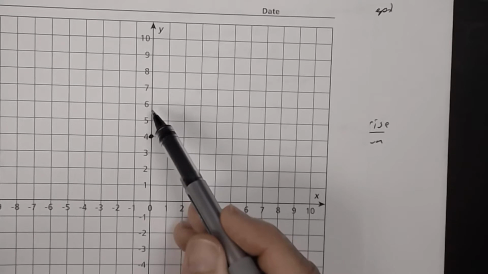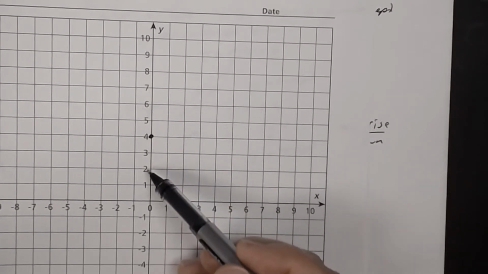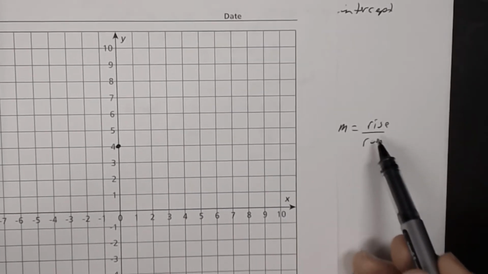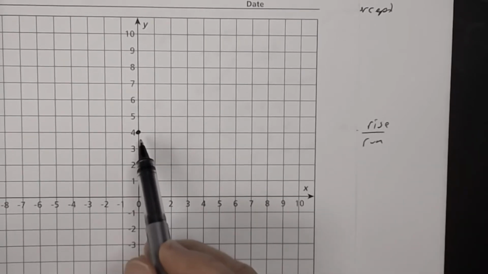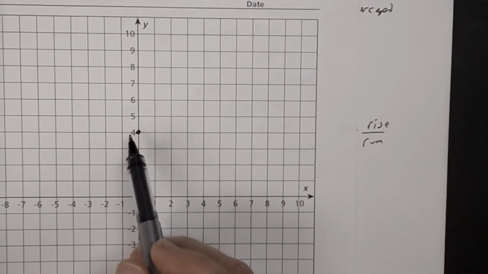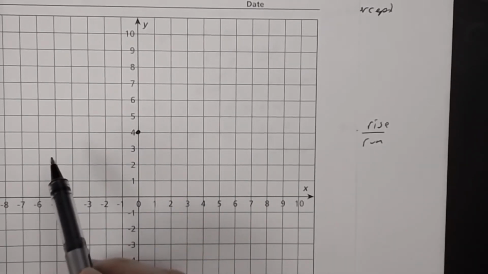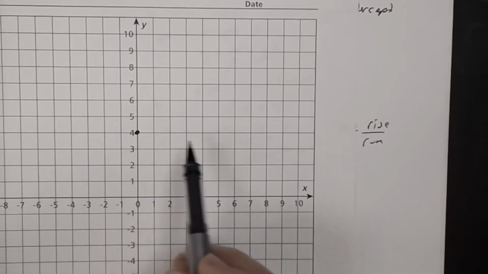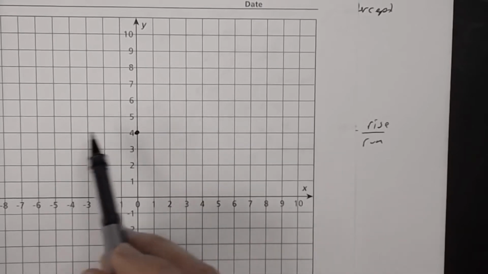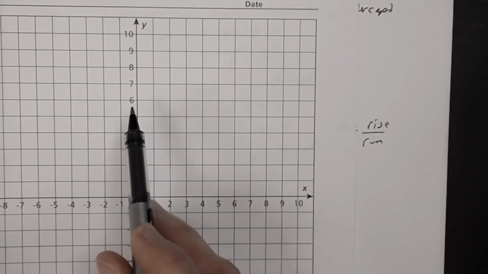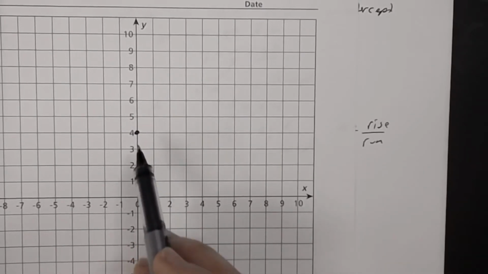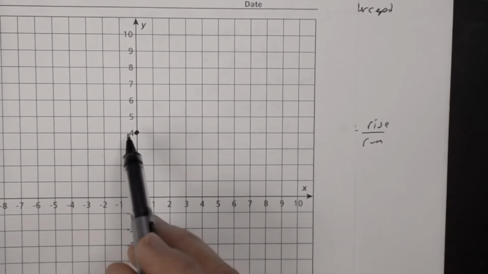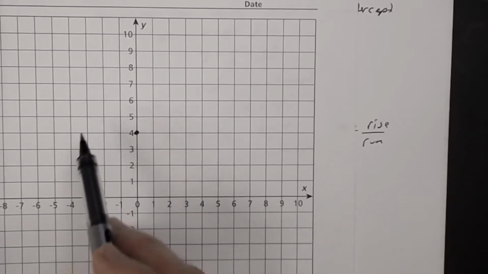If your rise is negative, you're going to go down. If your run is positive, you're going to go to the right. If your run is negative, you're going to go to the left. So rise is up and down. Run is left and right.